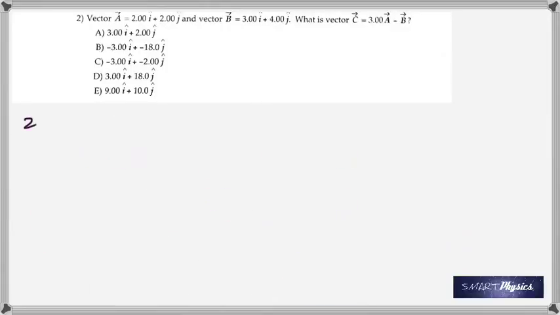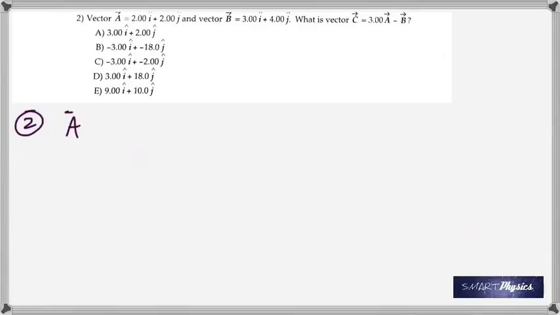In the second question, you have 2 vectors, A and B, and you have to find which of these 4 or 5 is the vector C given by 3A minus B. So what you have to do is multiply vector A by 3, because it's 3A, and subtract B from there.